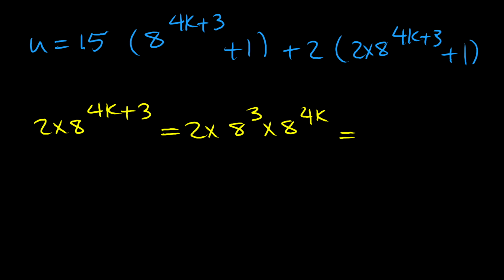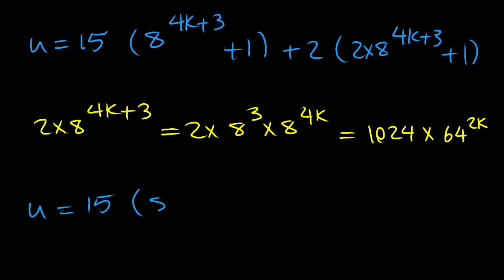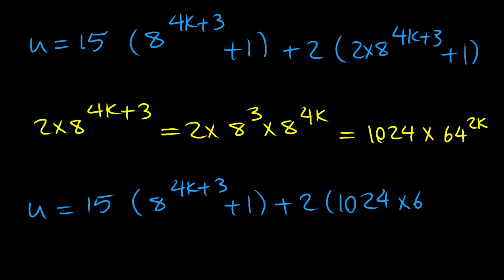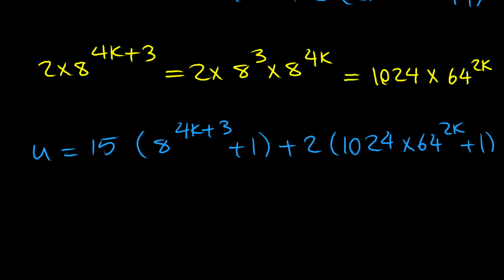Therefore, 2 times 512 is 1024. And 8 to the power of 4k is just the same thing as 64 to the power of 2k. So we have u equals 15 times 8 to the power of 4k plus 3 plus 1 plus 2 times 1024 times 64 to the power of 2k plus 1.